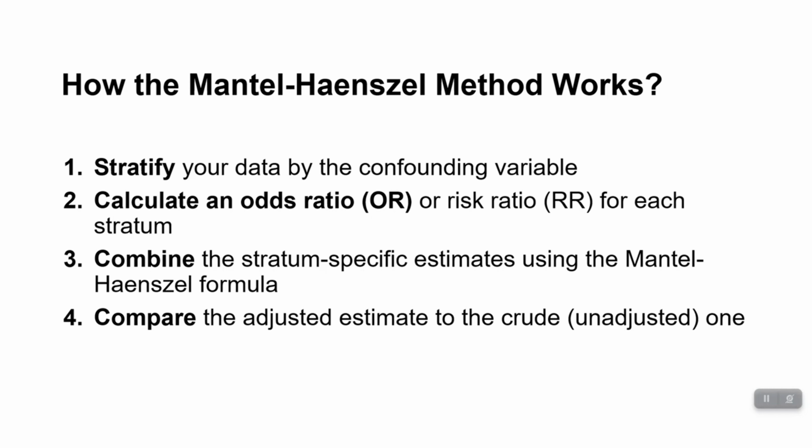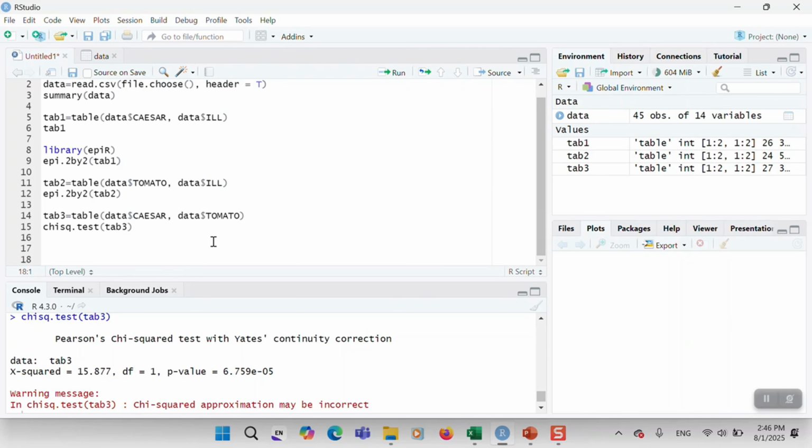So the larger stratum contributes more to the final estimate and the smaller stratum contributes less. And this combined number gives us a better, cleaner estimate of the true relationship between exposure and outcome, controlling for the confounder. So here we would like to examine the relationship between Caesar salad and illness, controlling for the confounding variable, which is tomato, right?